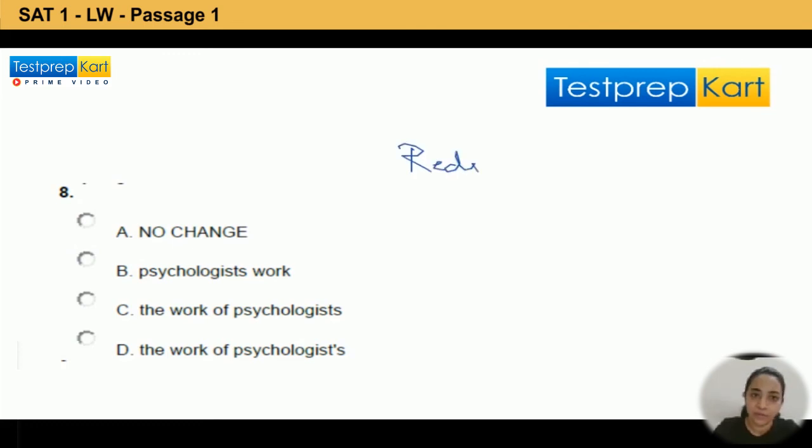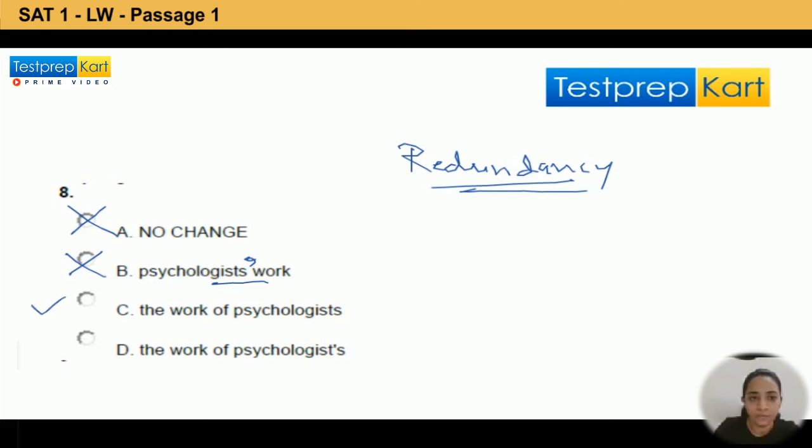So here we are discussing redundancy. A goes out. Here it says psychologist work. What is the problem here? We don't have an apostrophe. How do we know this is their work? Right? It's just placing the two words together. Goes out.